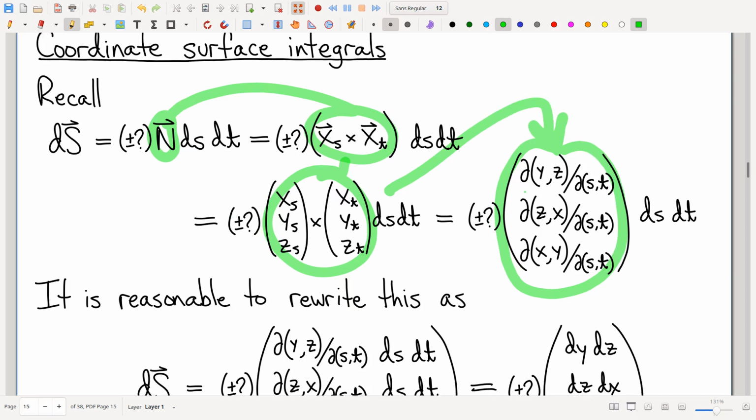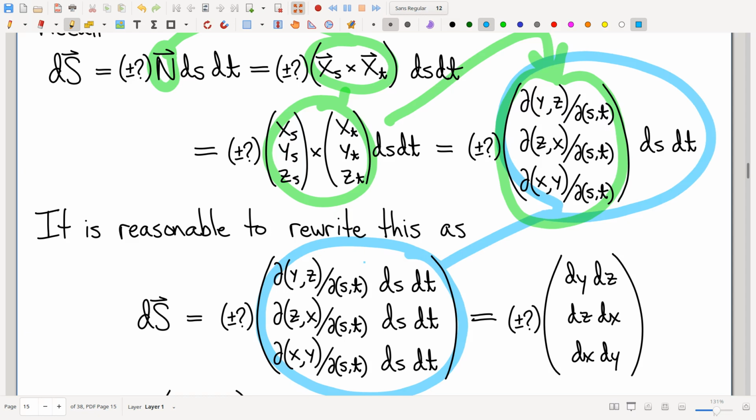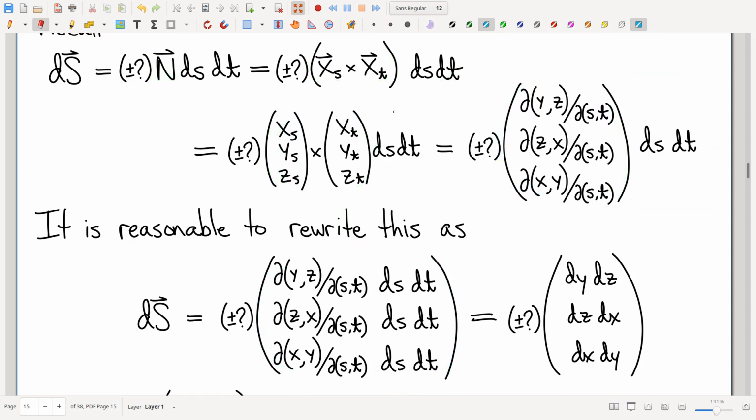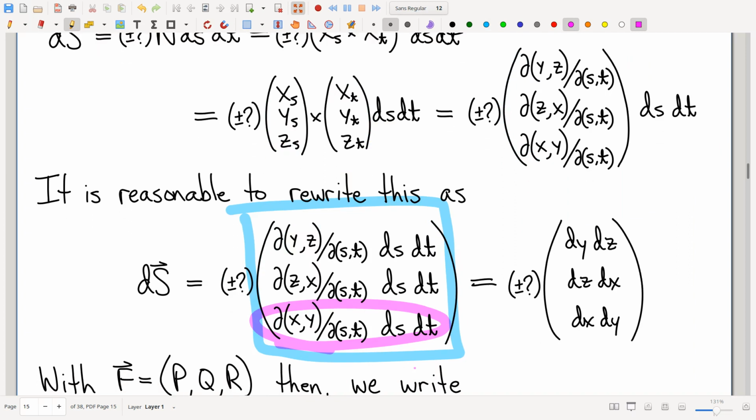I'm going to just take what we've got here. Let's see here. Take this, distribute the ds dt, and ask now, what should we call these coordinates? For example, looking at this thing right here, what should we call that third coordinate there?